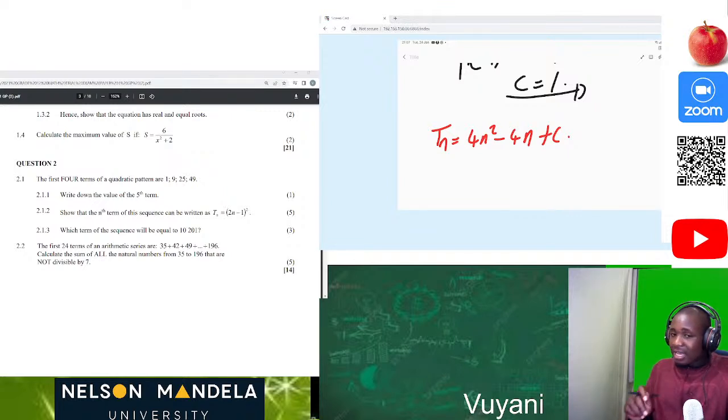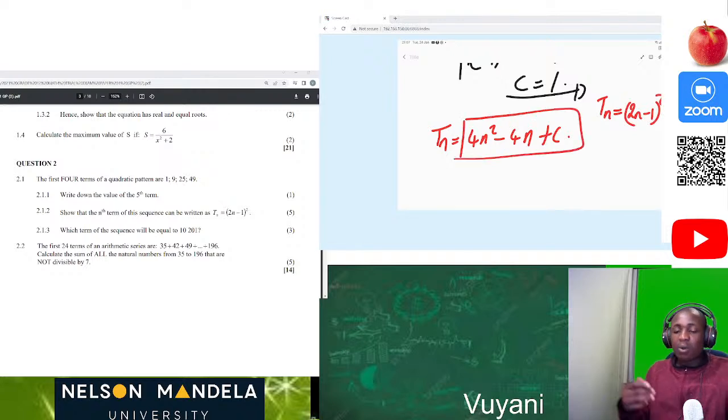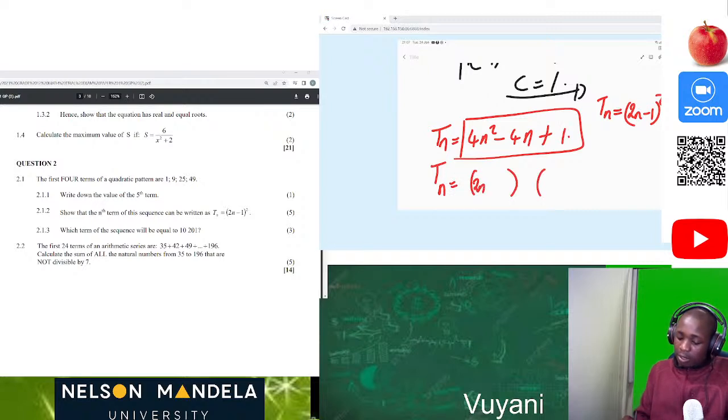But they said show that the nth term is Tn is equal to (2n minus 1) all squared. So we can definitely see that this is a quadratic equation, or a trinomial, which we can factorize. Since c is 1, this can be (2n minus 1) times (2n minus 1).